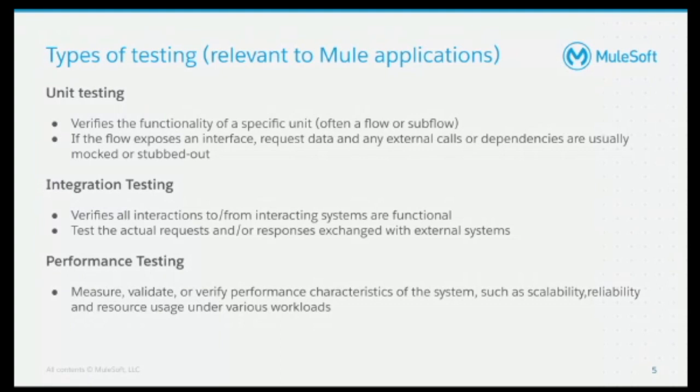In our case, within a Mule application, a flow, or a subflow, whatever components you're using, our goal is to test each and every component. That is the whole purpose of unit testing, and it does not worry about external dependencies. It is only worried about what the Mule application does and what components are used within it.